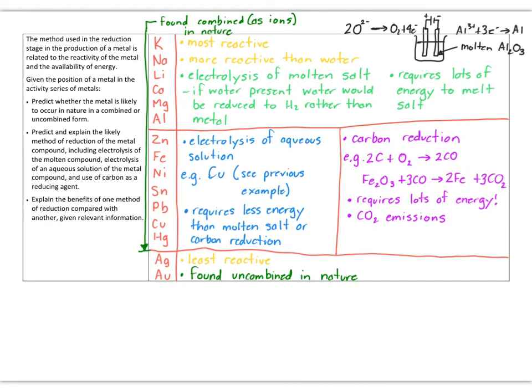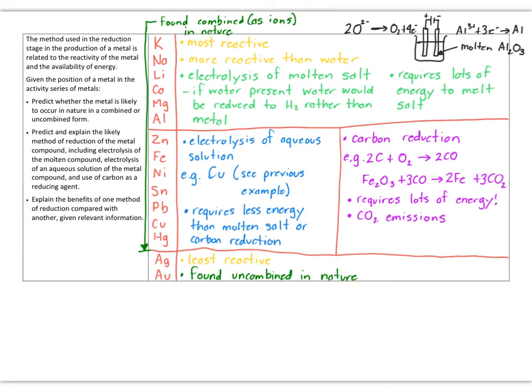Again, because this all needs to be done at very, very high temperatures, it requires lots of energy. It also involves the burning of coal, so we get lots of carbon dioxide emissions and the problems associated with global warming and that being a non-renewable resource and all of that sort of thing. So yeah, that is our carbon reduction. So they are our two methods that we would generally use for these metals of, if you like, medium reactivity.